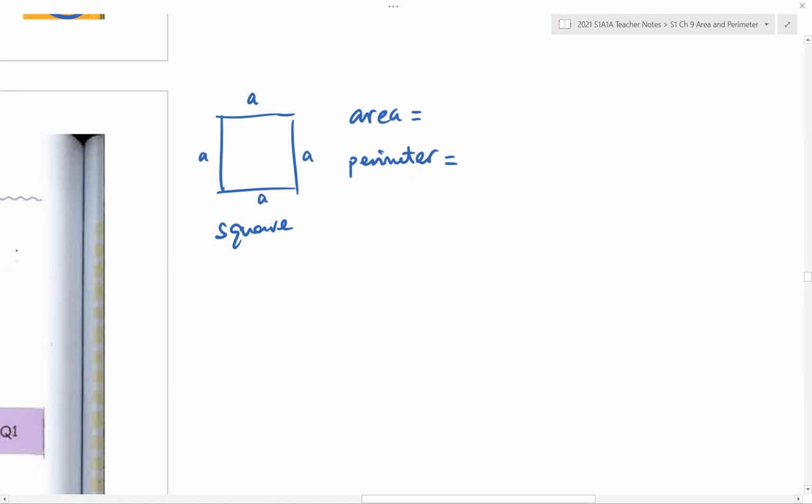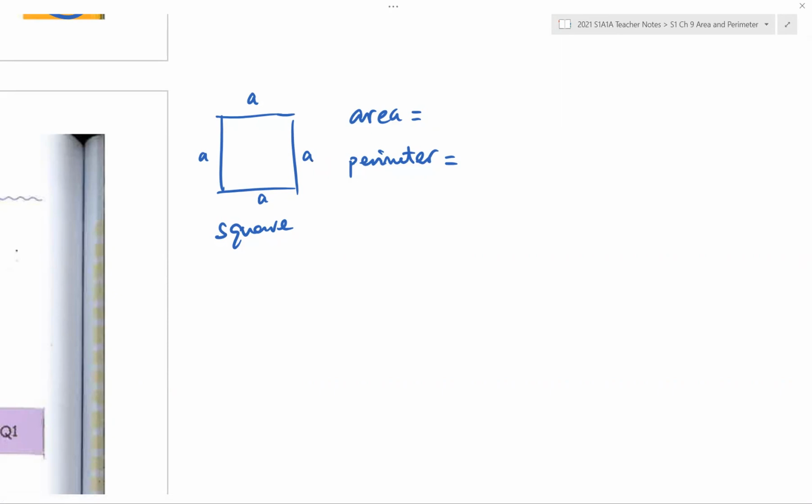Okay. Who doesn't know the formula for the area of a square? If you don't know, raise your hand, I'm not going to call you. So all know, huh? Okay, Shah, what's the area for a square?